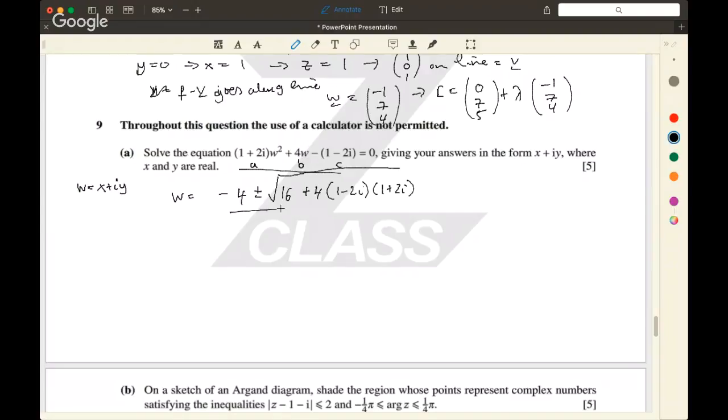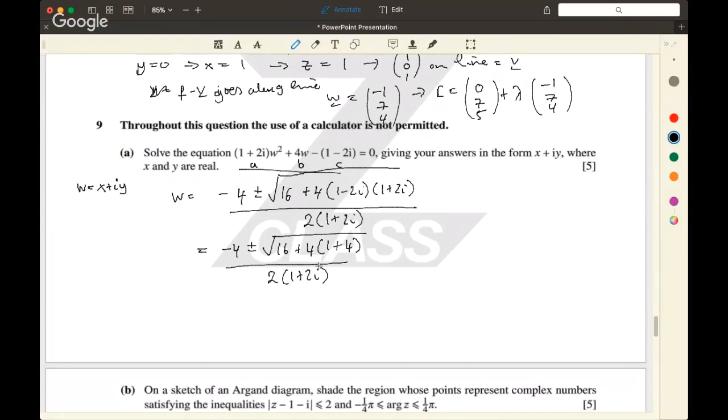Fantastic. And this is all over 2 times 1 plus 2i. So this is equal to minus 4 plus or minus square root of 16 plus 4, and this is going to be the real part squared plus the imaginary part squared, because it's a complex number times its complex conjugate, over 2 times 1 plus 2i.